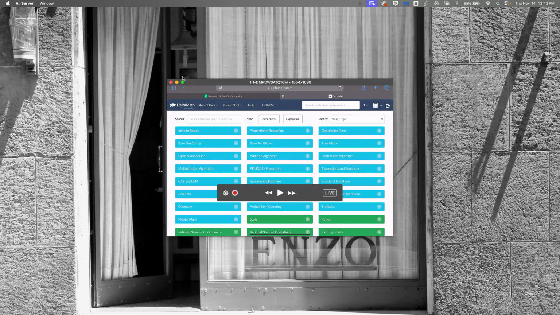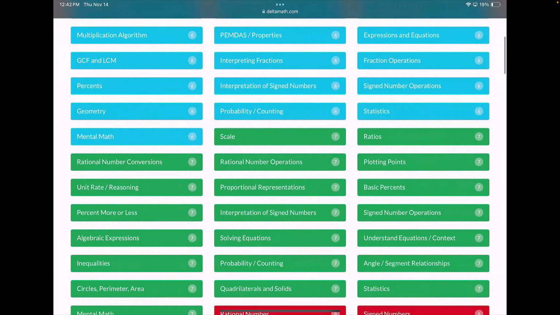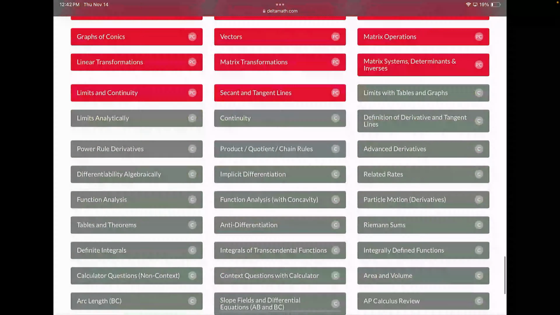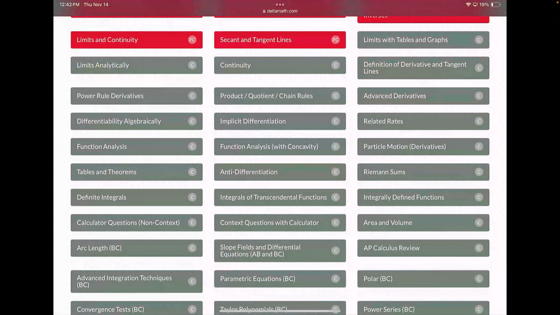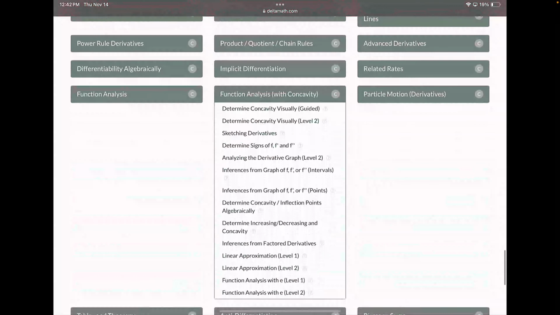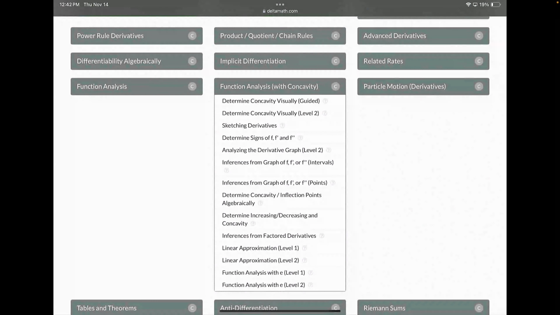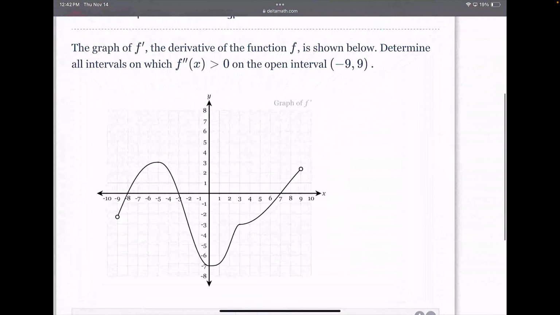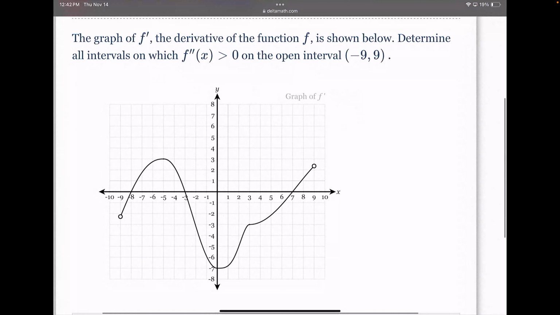You're just kind of looking. So let me find a good one. There we go. So it goes from -9 to +9.